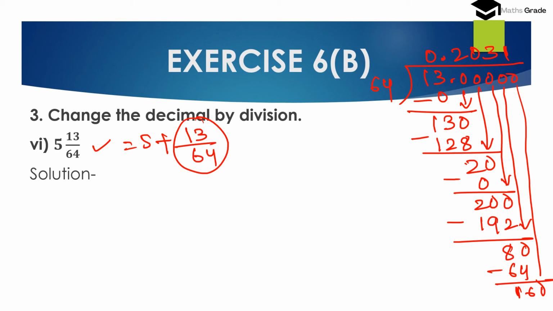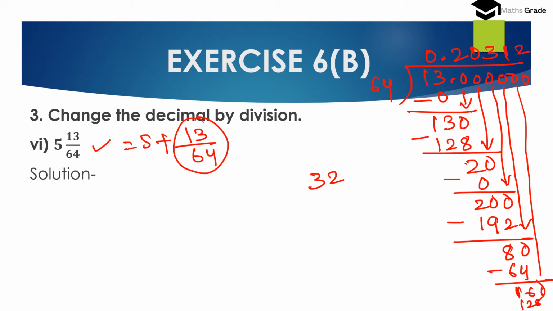If we multiply 64 with 3, it is more than 160, so we have to multiply 64 with 2. Now 64 multiplied with 2 is 128, and 160 minus 128 is 32.